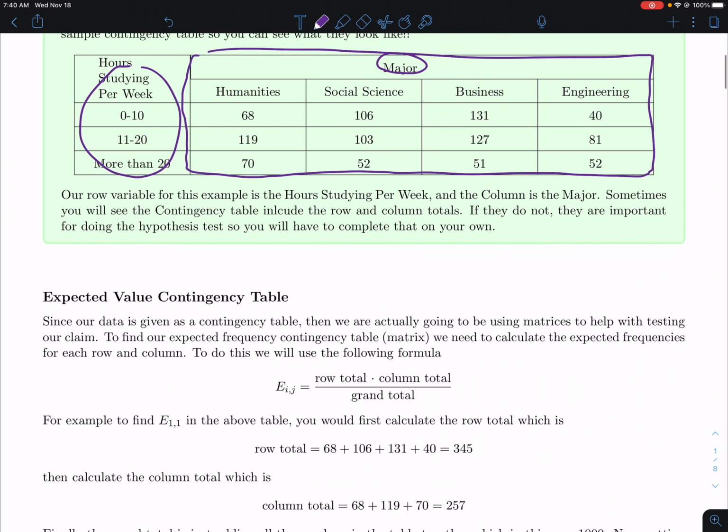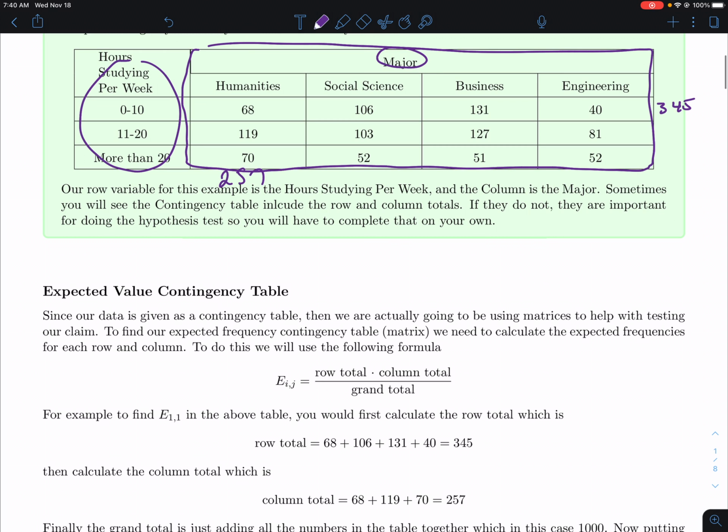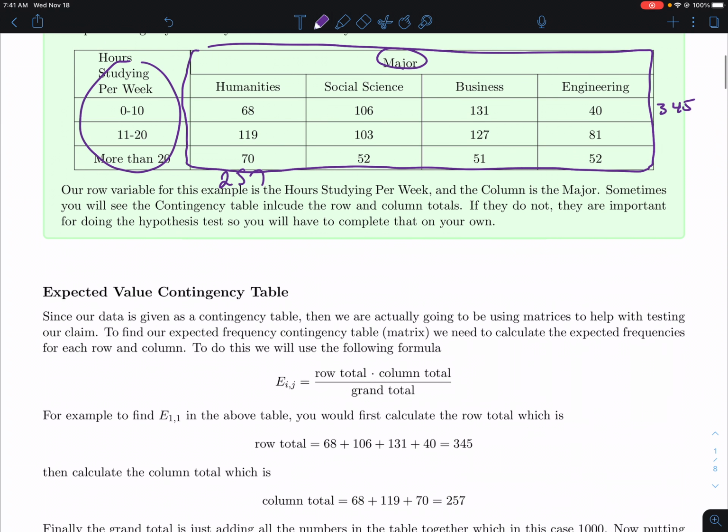Yeah, in this case, the row total for humanities I added up was 345. And the column total for hours studying per week 0 to 10, and then humanities, was 257. And the total, I think, was 1,000. Yeah, if you add up this and this, it will be 1,000.